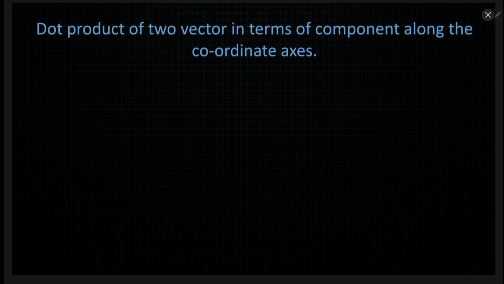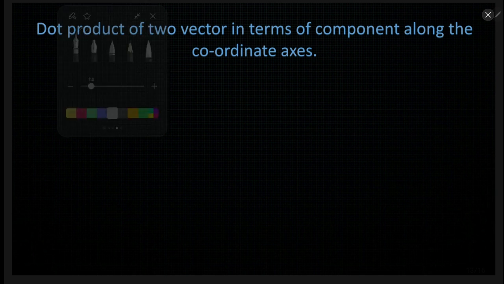Now, dot product of two vectors in terms of components along coordinate axes.